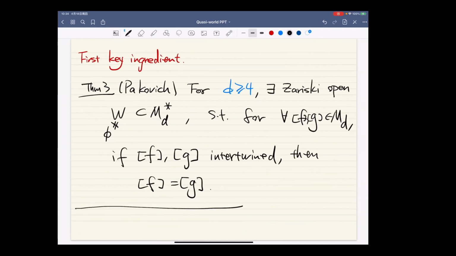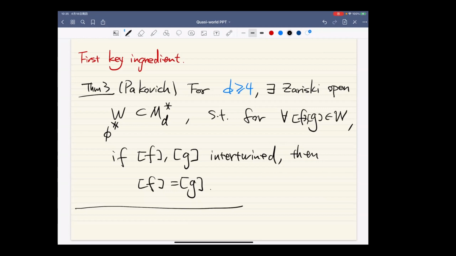He showed that for degree D at least 4, there is a non-empty Zariski open subset W in the moduli space M_D star, such that for every F, G in this Zariski open subset W, if F and G are intertwined, then they are exactly the same point.